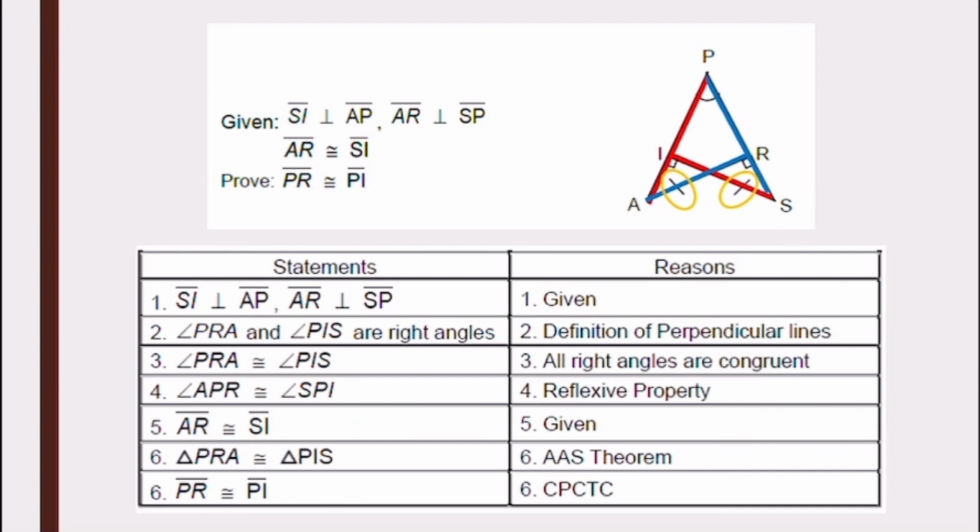So therefore, we have line segment AR is congruent to line segment SI. This means that triangle PRA is congruent to triangle PIS by AAS theorem, and line segment PR is congruent to line segment PI by CPCTC.